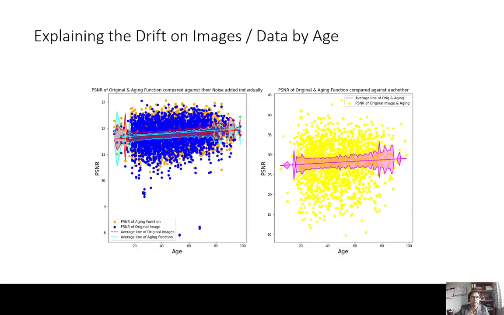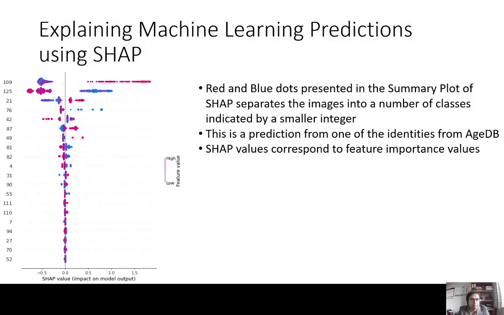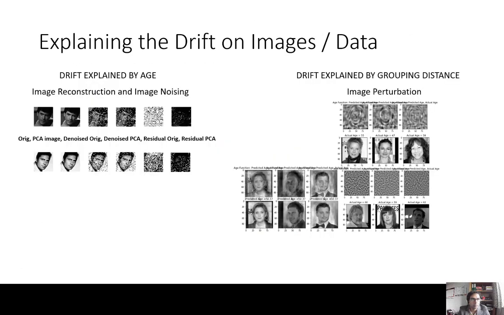So here is another example where I actually tried statistical drifts, explaining the statistical drift on images or data by age. So what I did was, I've got the samples here, the original image, the PCA image.